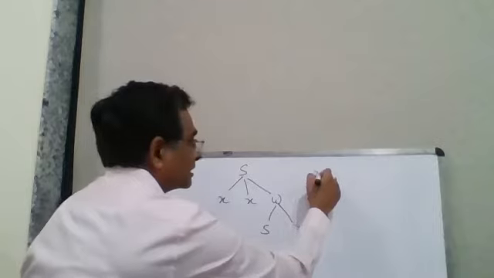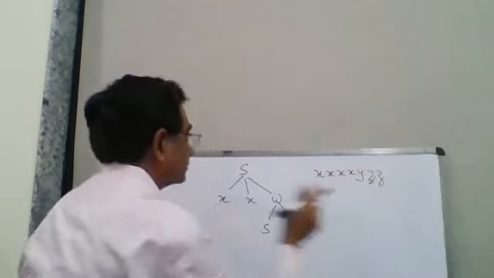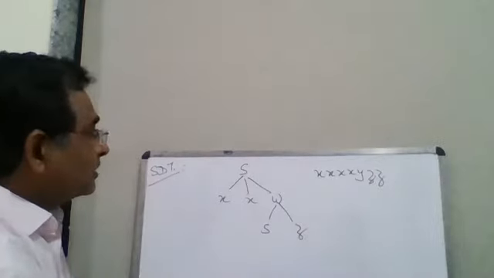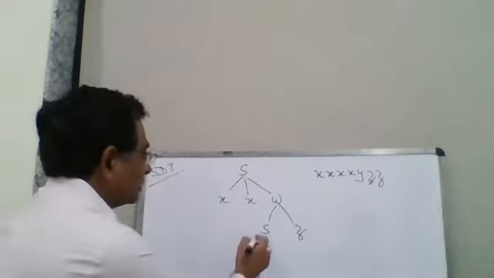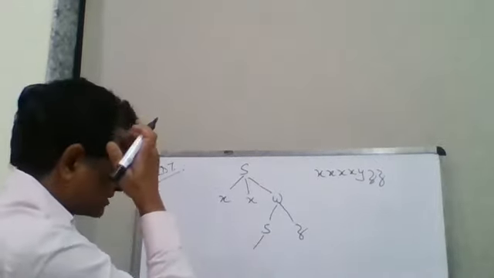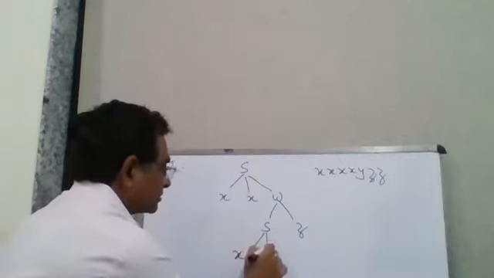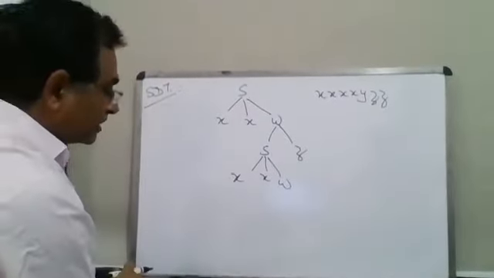We want X, X, X, X, Y, Z, Z. Right. So this is the input string, and for this input string, we need to prepare the parse tree. Again, we know that there is a production which is S tends to XXW. So we can say S tends to XX or W. Right. And again, this W.